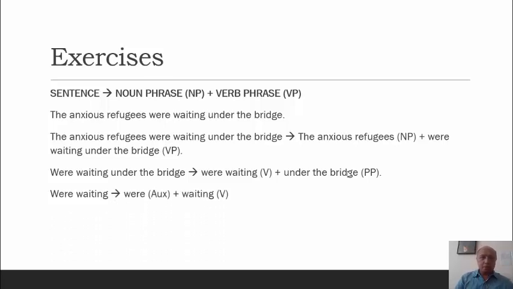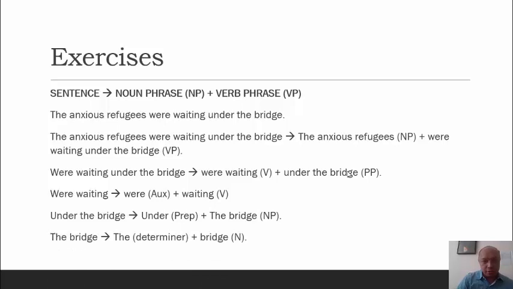Were waiting, in turn, can be analyzed into were as the auxiliary plus waiting as the verb. Under the bridge, under is the preposition and the bridge is the noun phrase. The bridge can still be broken down into the as the determiner and bridge as the noun.